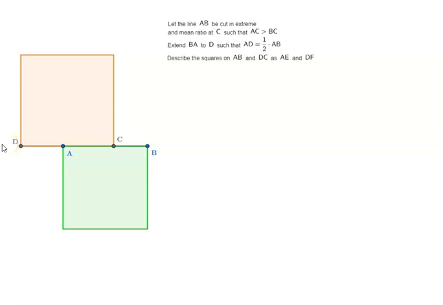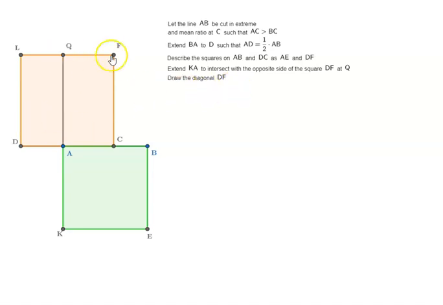Let's mark this point as E and this point as F. So DF is the square on DC, AE is the square on AB. Let's mark the other 2 points of these squares as L and K. Extend KA to intersect with the opposite side of the square DF and mark it as Q. Now draw the diagonal DF.